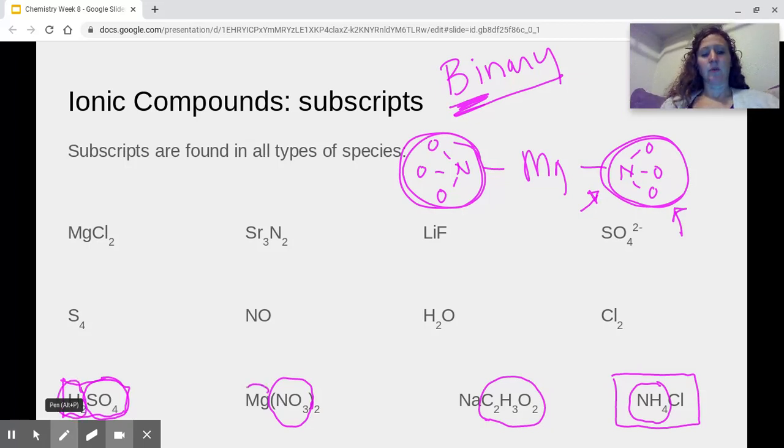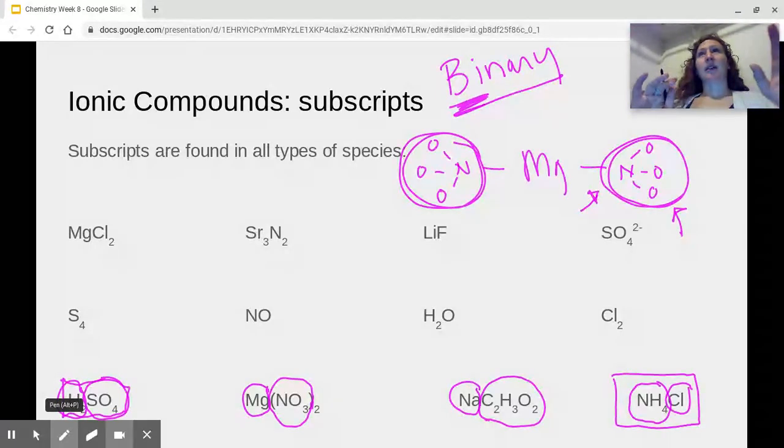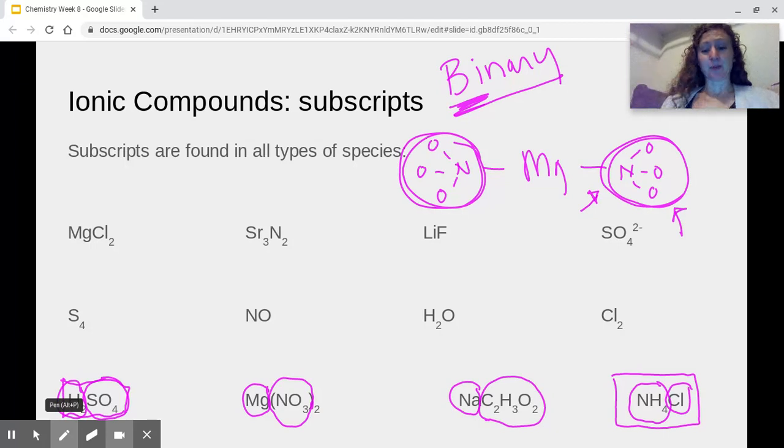Nitrate is paired with magnesium. Acetate is paired with sodium. Ammonium is paired with chlorine. So notice inside these compounds, there's two things. So when you look at a compound and it looks crazy, take a deep breath and remember you only have to find two things inside that compound. One of them is going to be a polyatomic ion if there's more than two atoms present.